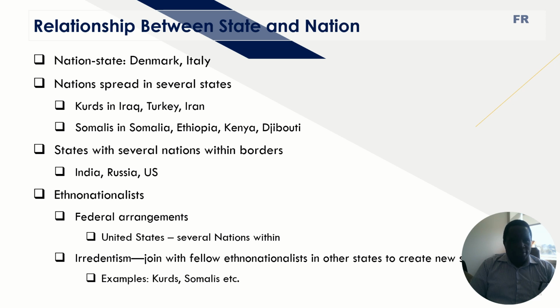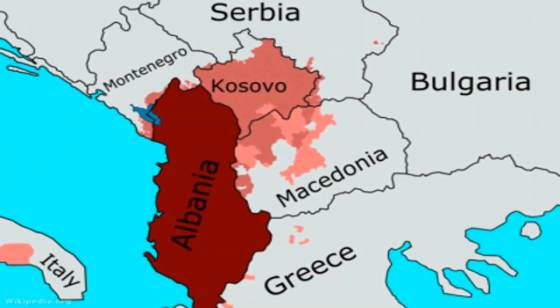But we also find a prevalent disruptive force that is often known by the term irredentism, which is where individuals join with others with whom they share a nation to try and create a state that encompasses those borders. So, for example, the Kurds and the Somalis are examples of irredentist groups.